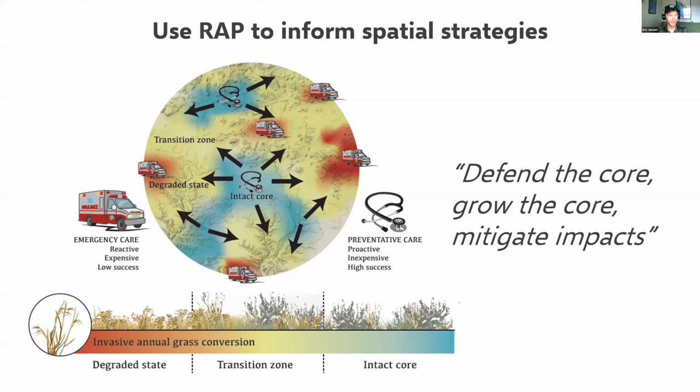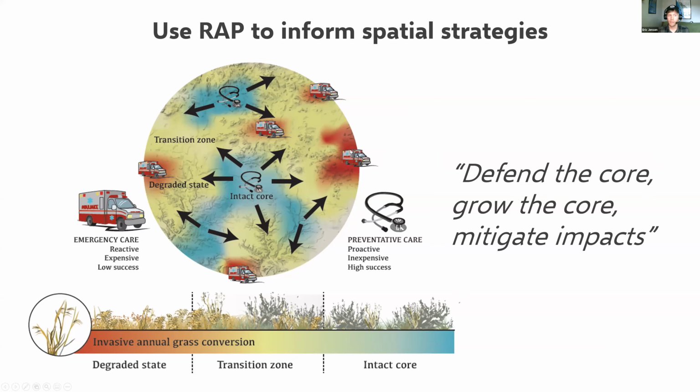Well, here in this conceptual map, you can see the intact core areas that you'd imagine would be sagebrush shrublands or other types of shrublands. And then a range of different levels of invasive annual grass invasion, all the way through highly invaded locations.